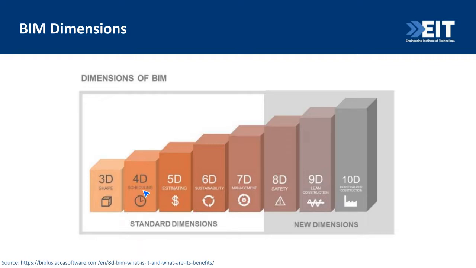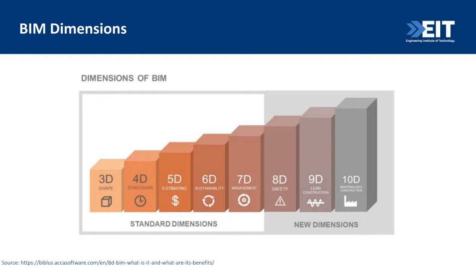Then we have the 4D BIM, which is the process of inserting a timeline and scheduling data into the 3D digital model. So this dimension assists in demonstrating how the project will evolve over time, which is extremely useful in, for example, detecting early stage conflicts.